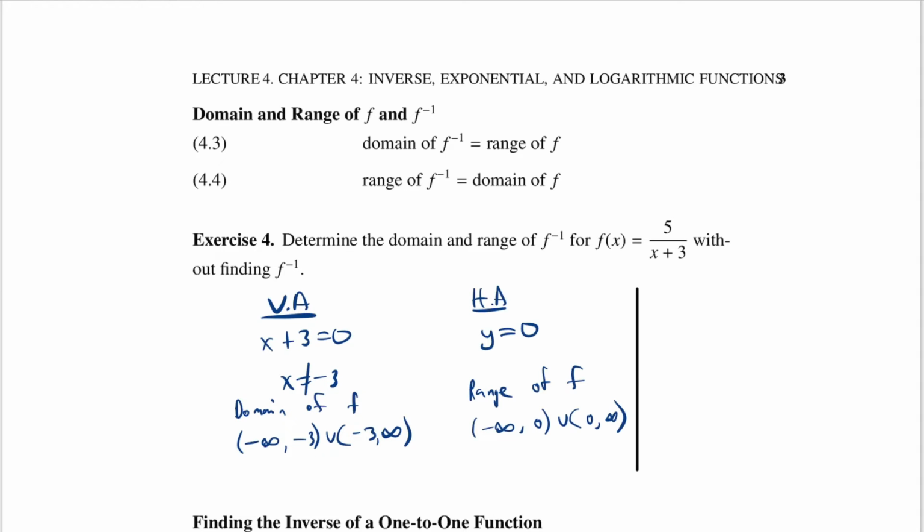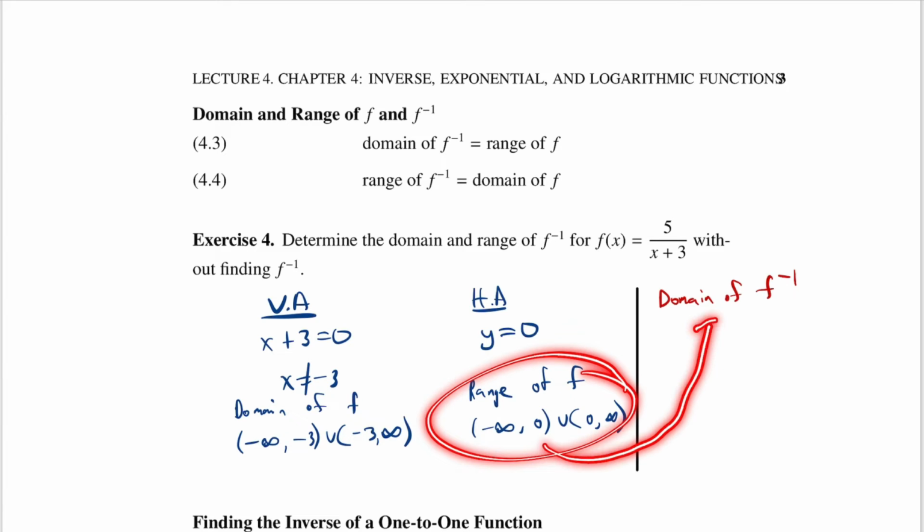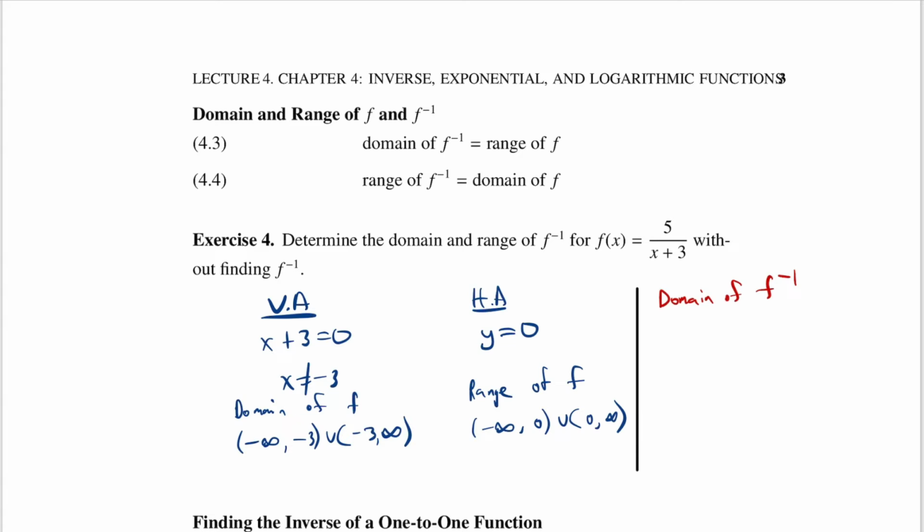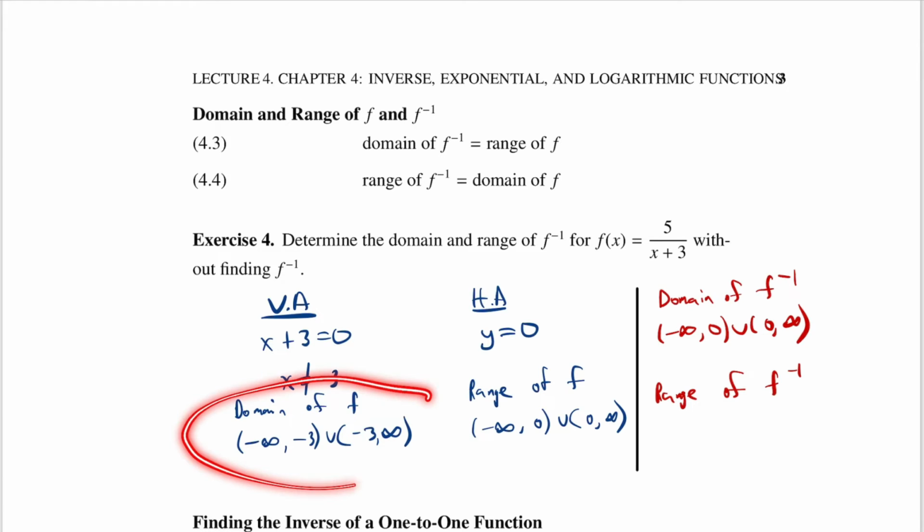So let's write that in red. Domain of f inverse is going to be the range of the function. As you can tell, the domain of the inverse is equal to the range of the function. So this is going to be the domain of the inverse. And the range of the inverse is going to be the domain of the function.